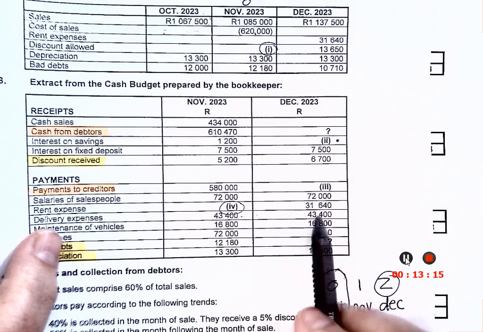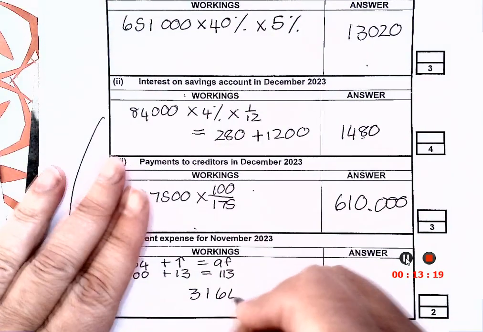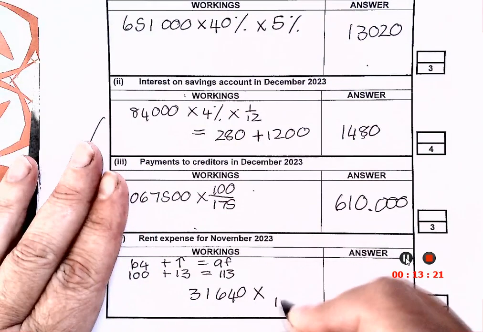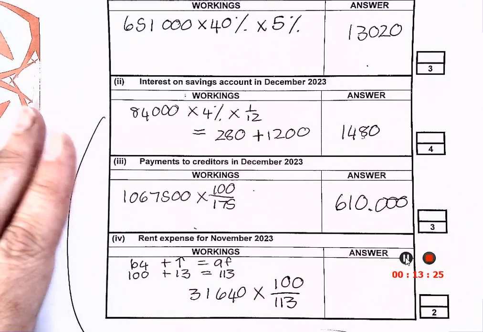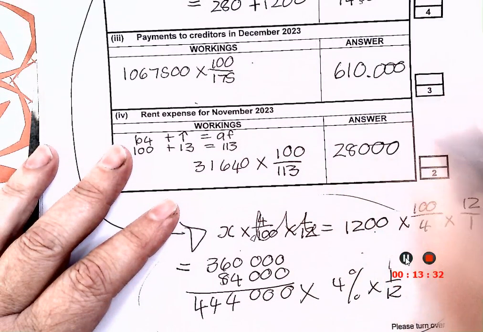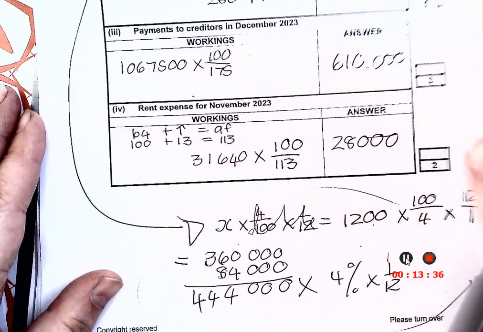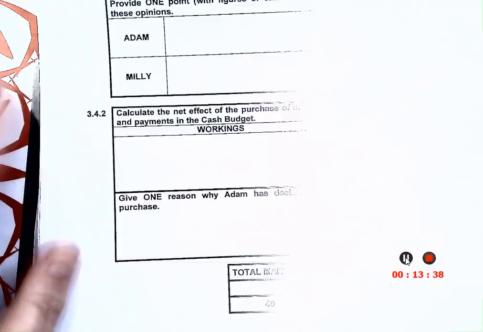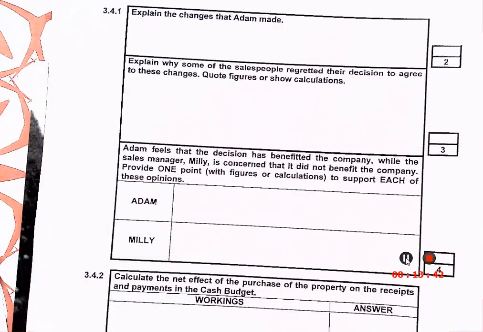They give me after. So that 31,640 is 113, and I'm looking for 100. And that gives me 28,000. Everybody fine? Yeah. You sure? Yeah. Okay.